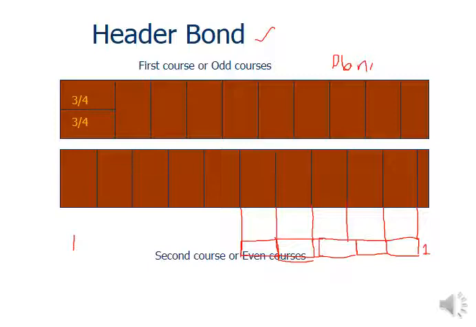Okay, first course, sorry, odd course. So above that, an even course needs to be placed, meaning the second one. This first one is the first course, the odd course.